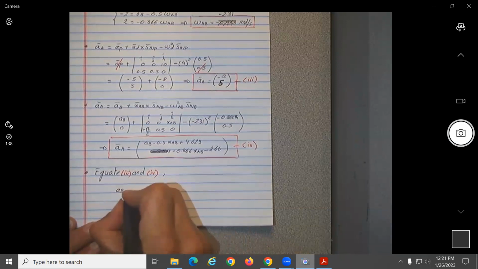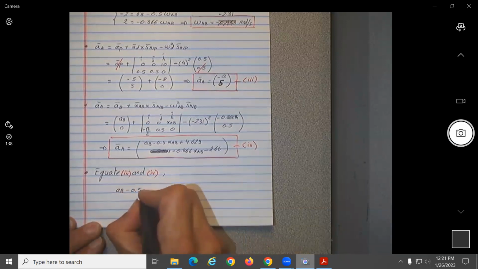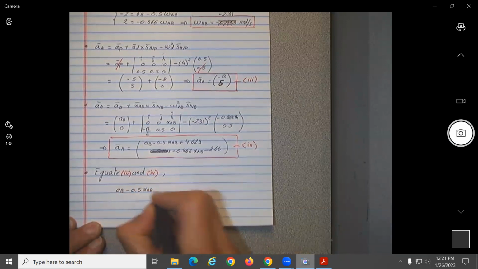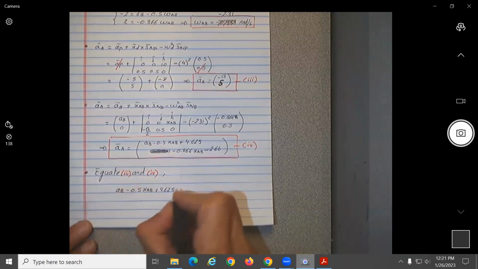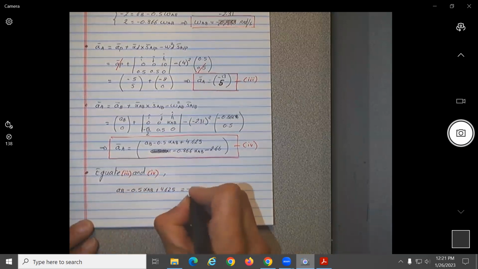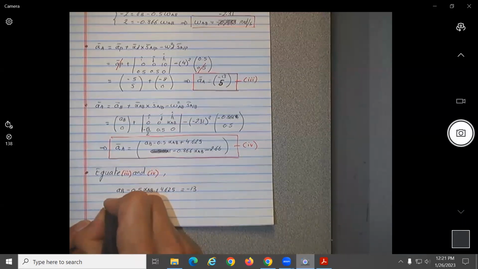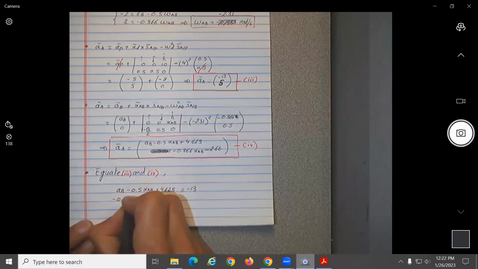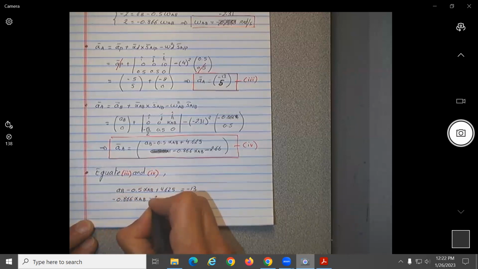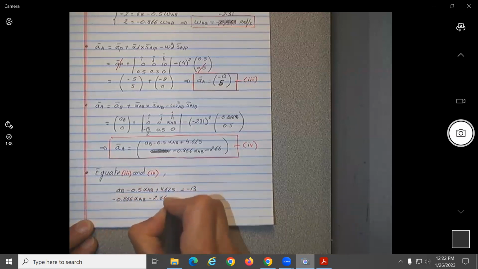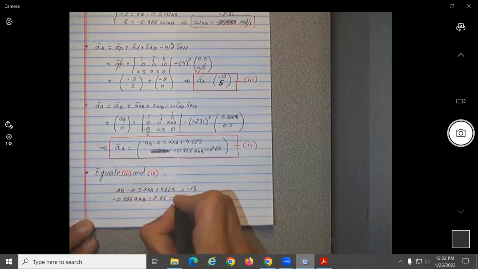So A sub B minus 0.5 alpha AB plus 4.625 will be equal to negative 13, and negative 0.866 alpha AB minus 2.66 would be equal to 5.